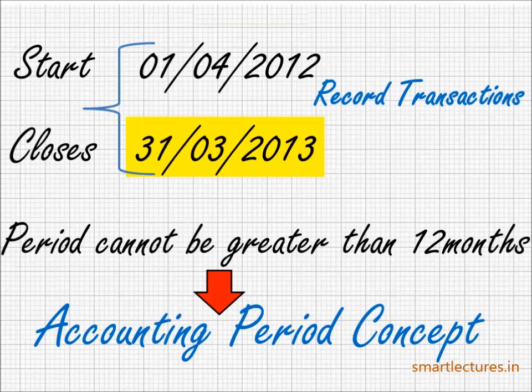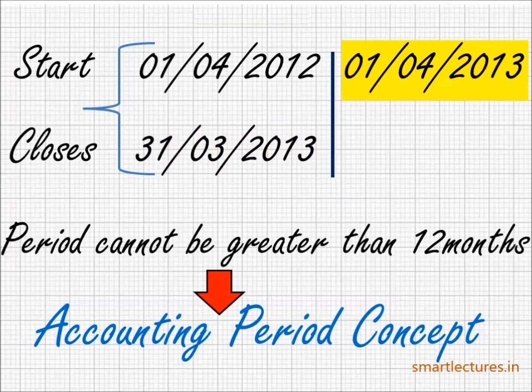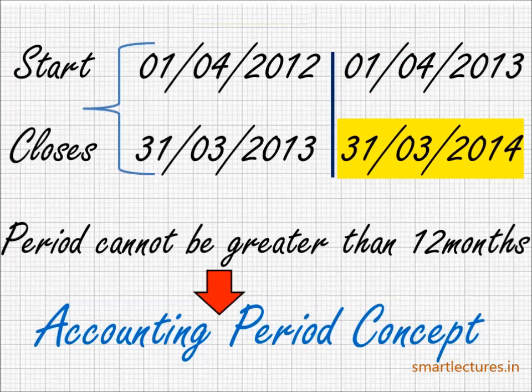In the same way, next year, again we'll start recording the transactions from 1st April 2013, and this wheel will keep on moving and will stop moving on 31st March 2014. So in this way, the accounting cycle will keep on moving. So at this moment, we are learning about accounting cycle on the basis of accounting equation.